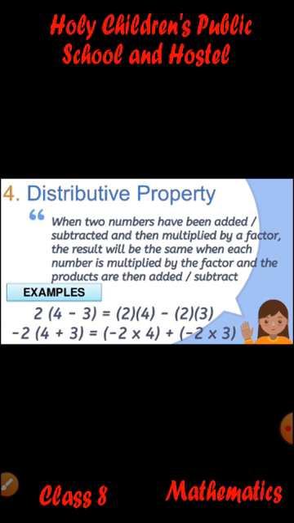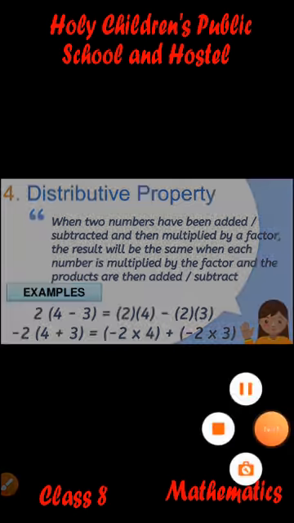So if we are solving the problem, we multiply 2 with 4, put the minus sign, and again multiply 2 with 3. And we get 8 minus 6 equal to 2. So finally we get 2 from both sides.